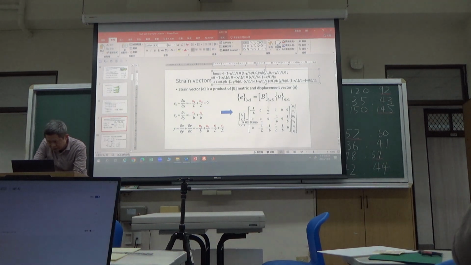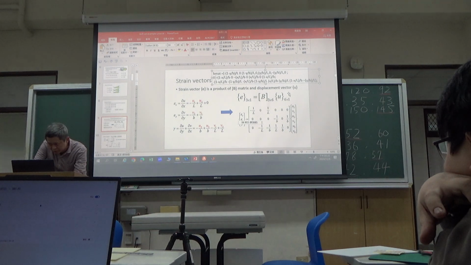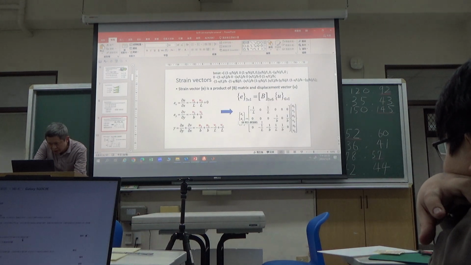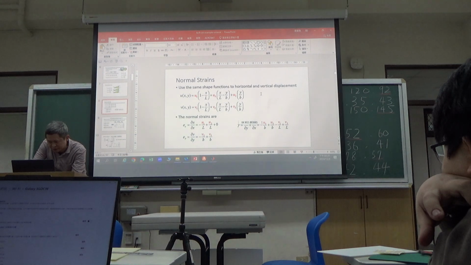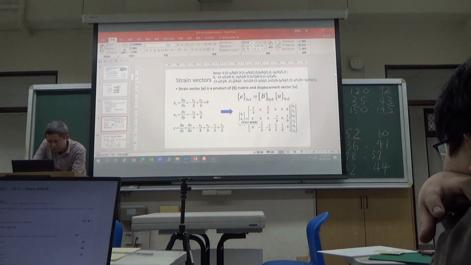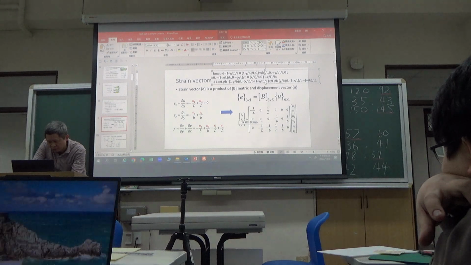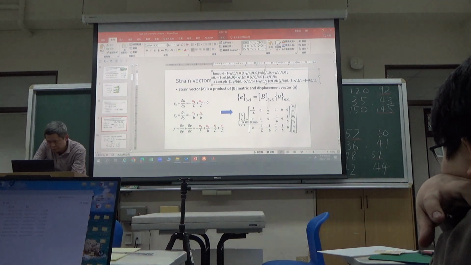Sorry. This is not the 0 row matrix, this is the shape function. This is not right. Anyway, I will try to show you, even if it's not right. This is supposed to be the N map.